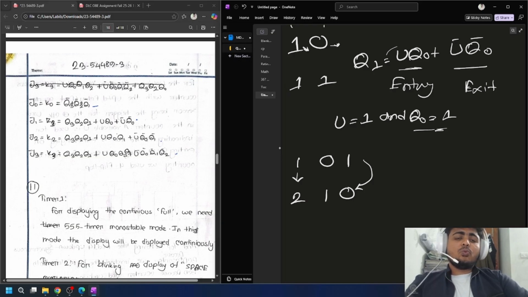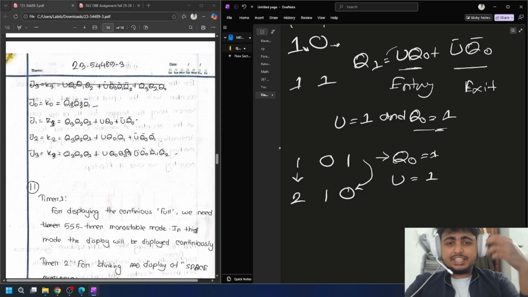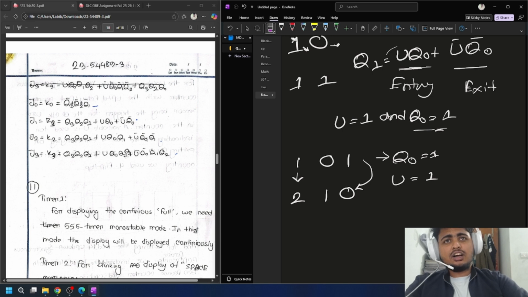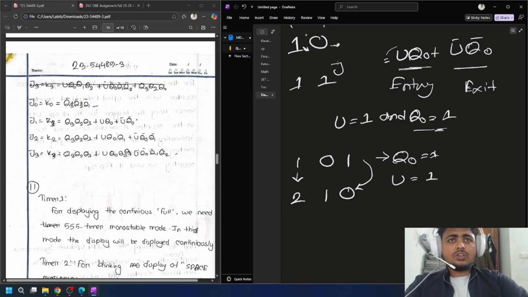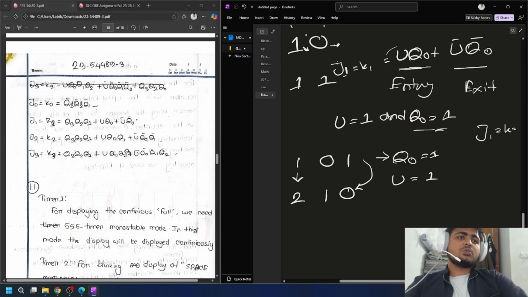So when Q naught equals 1, and if it gets incremented, that means U equals 1, the enter sensor gets triggered. So J1 equals K1 equals 1.